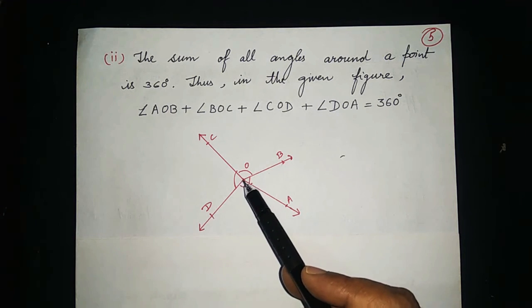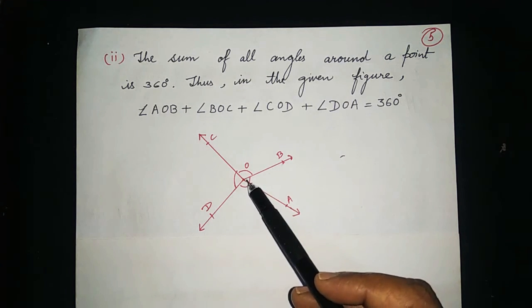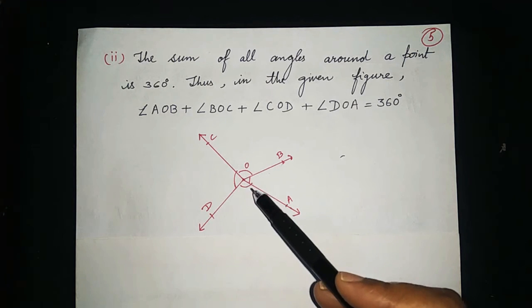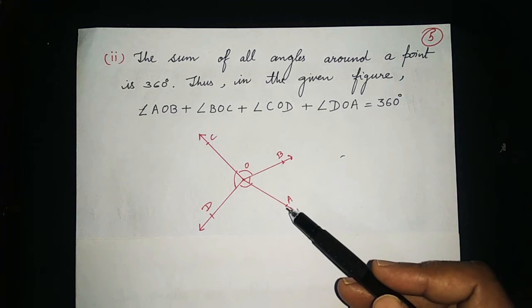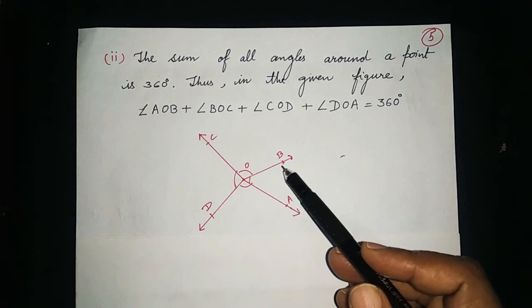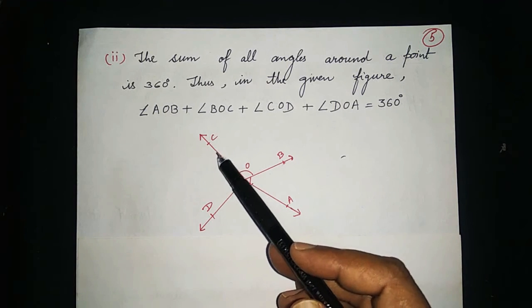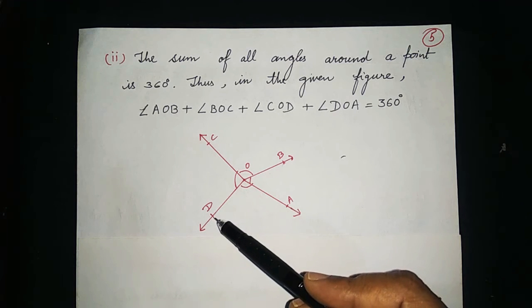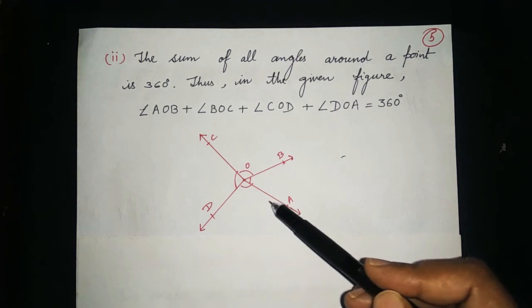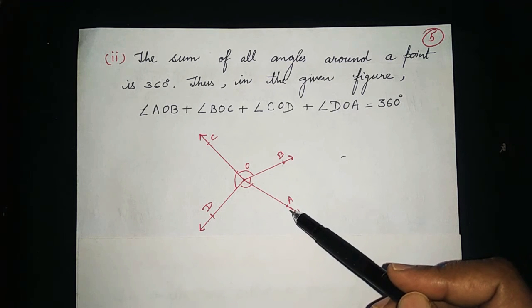So here you can see this point O, and here you can see four angles around the point O. Here one angle is angle AOB, and then one more angle is angle BOC. After that you can see angle COD, and one more angle you can see at last, angle DOA.